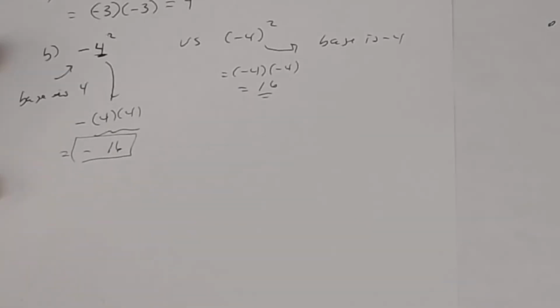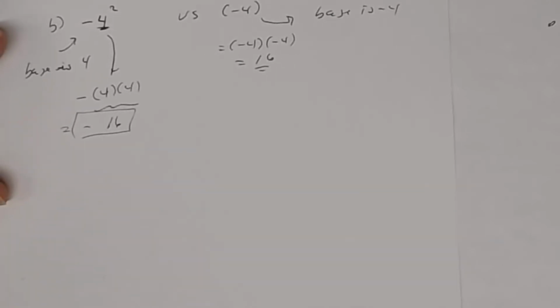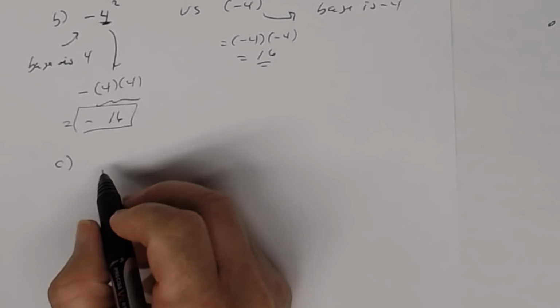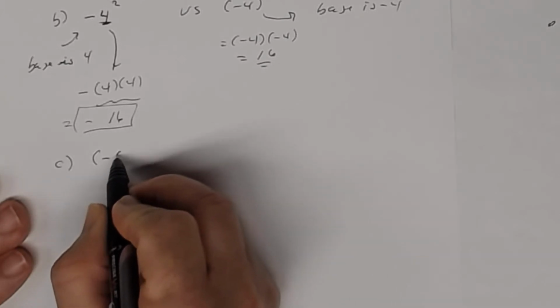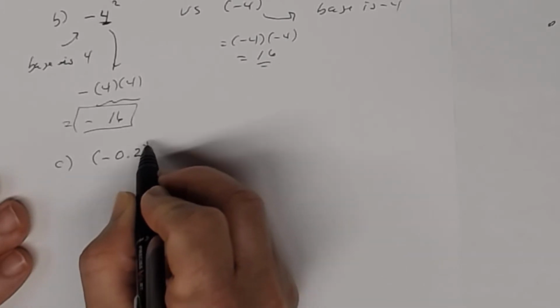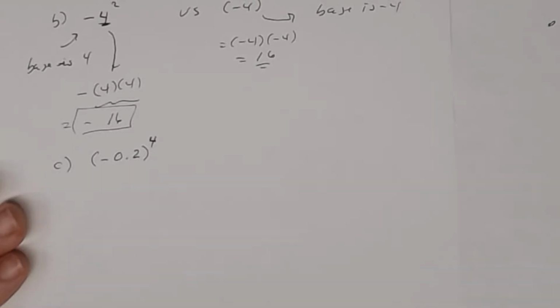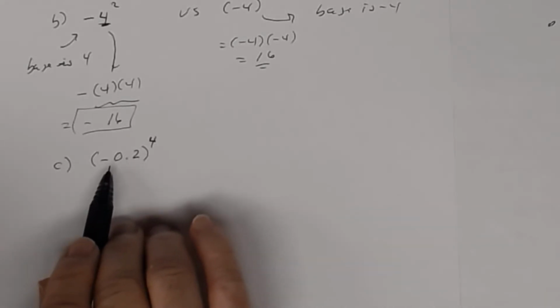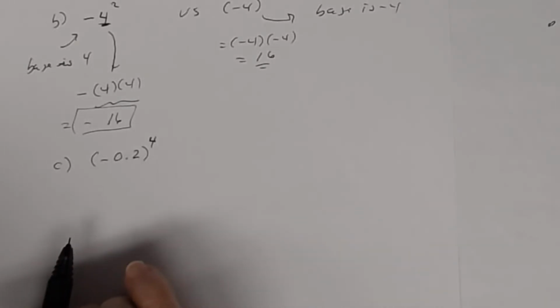All right, now let's look at this one. So C, suppose you had negative 0.2 to the fourth power. All right, so first of all, notice that the negative 0.2 is inside parentheses, right?